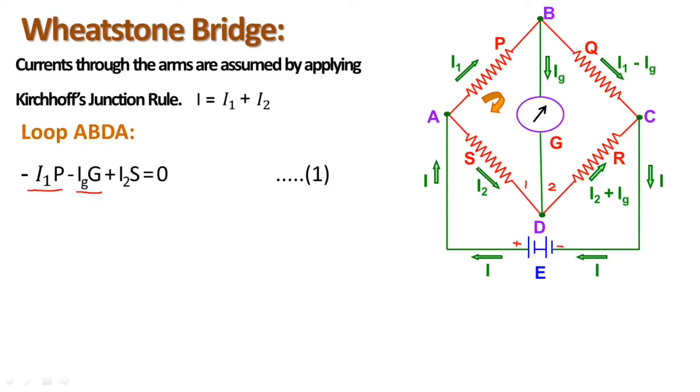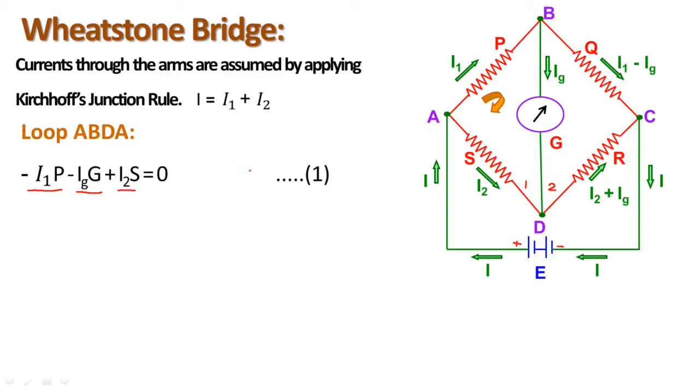Therefore, there is a potential gain across the resistance S, so the potential difference I2S, and hence the summation of all the potential differences along a closed loop in a circuit is zero. We have the equation first for loop A, B, D, A.